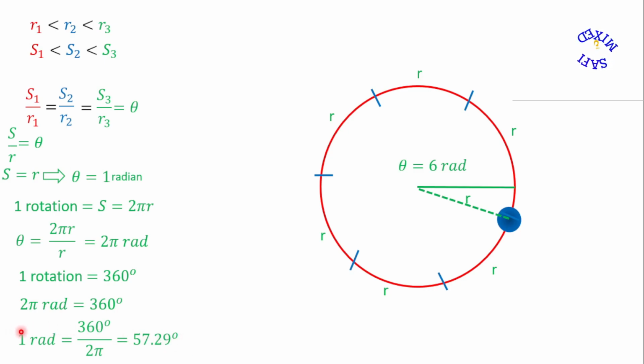So 1 radian equals 57.29 degrees. This means that degree is a smaller unit of central angle, whereas radian is a bigger unit.